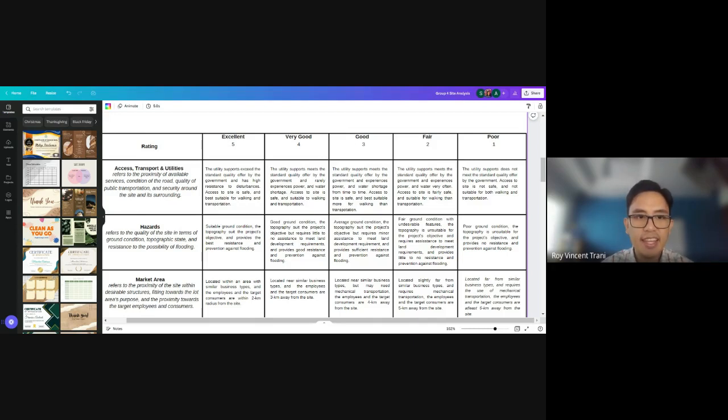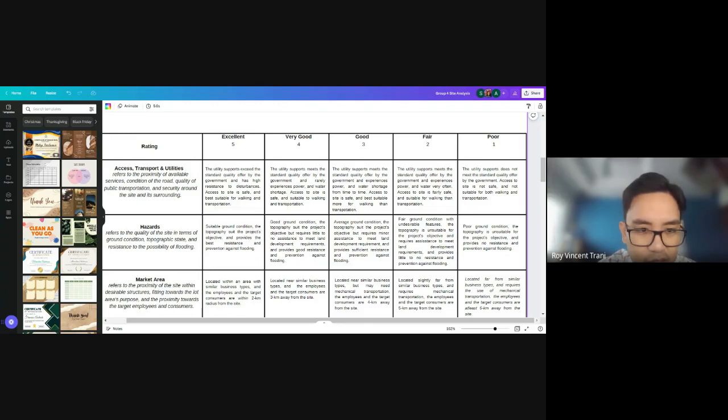And then the hazards. The issue with the 5 point method is you have to explain each point. So in hazards, number 5 is above average condition, no problem. Number 4 suits private but requires little to no assistance.